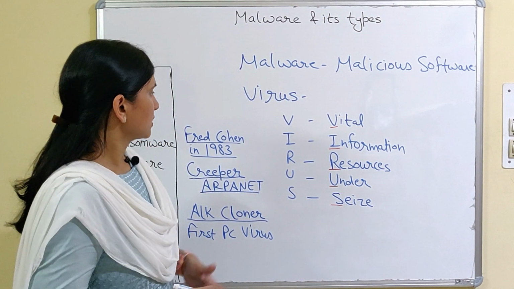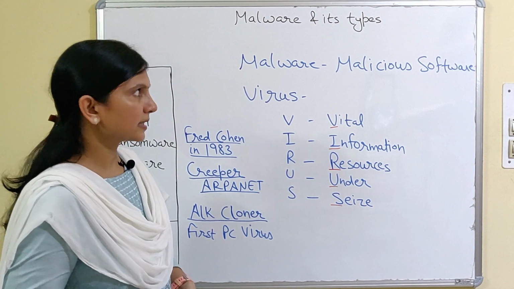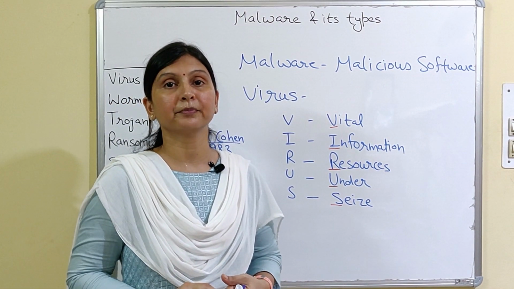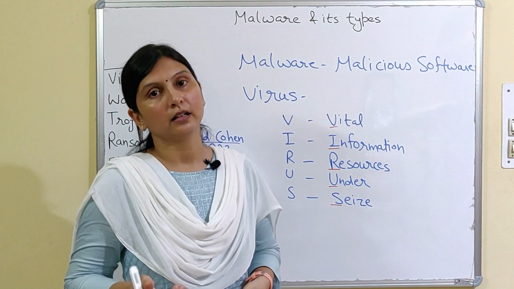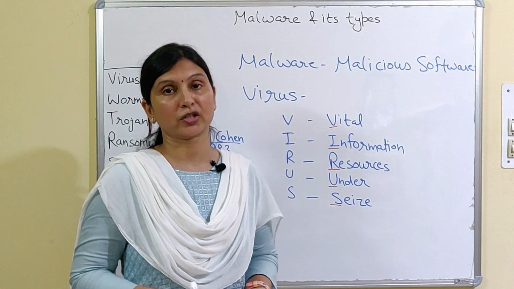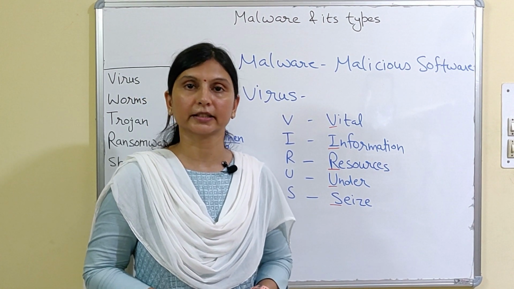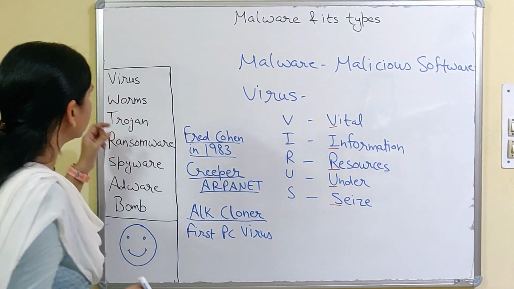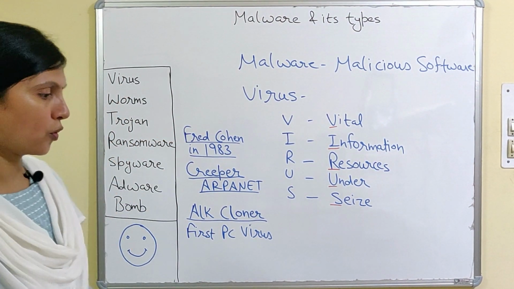Fine. So this is about virus. I hope it is clear. The main thing is that it is self-replicating and it needs a host file to get attached to or a human action to get executed. Fine. Now we are moving ahead and the next is worms.